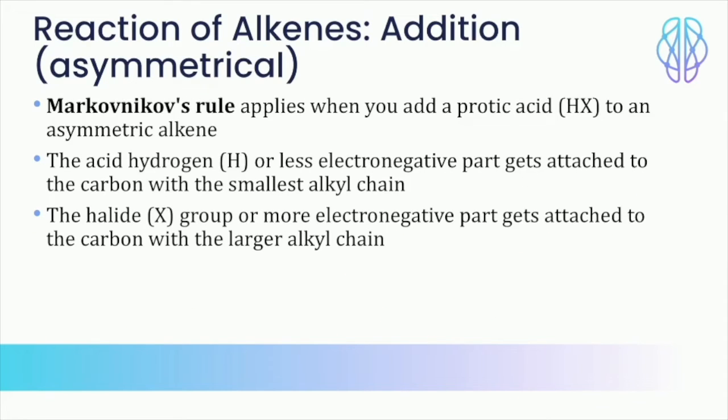So up until now, we've been talking about ethene and other symmetrical alkenes, and they're symmetrical because they look the same on either side of the double bond. However, I'll propose a nice little problem for you.